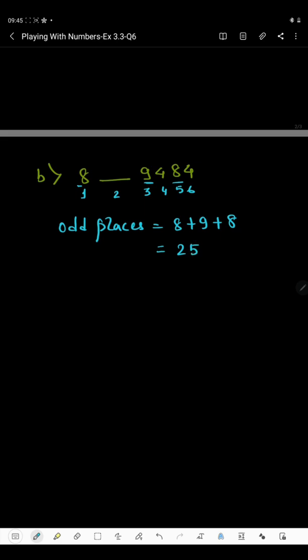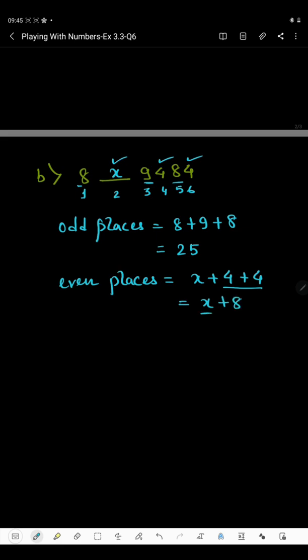Now in the blank place we can consider x. Now we will have to find the sum of the digits at even places. It will be x plus 4 plus 4, and 4 plus 4 is 8, so x plus 8.